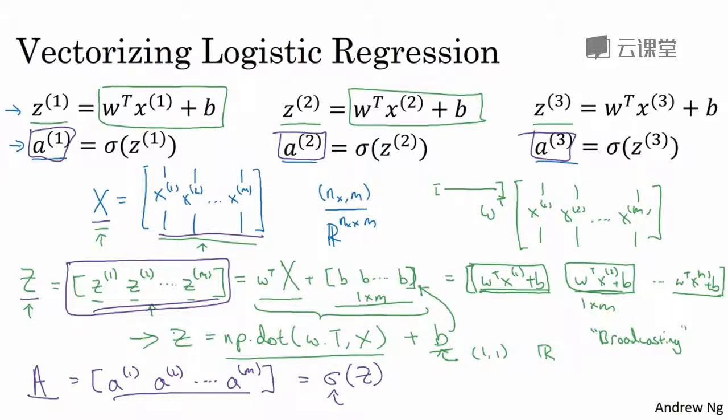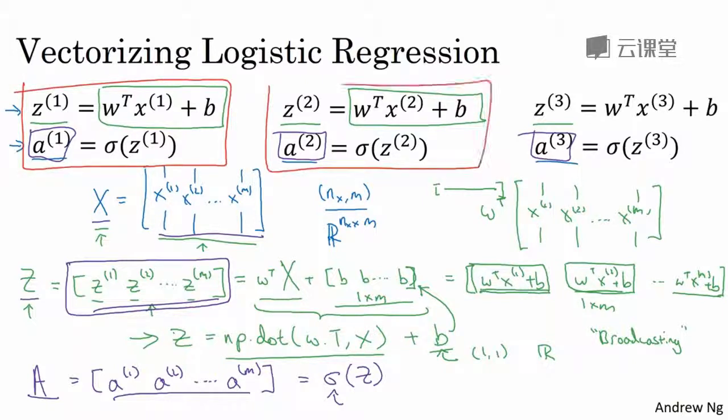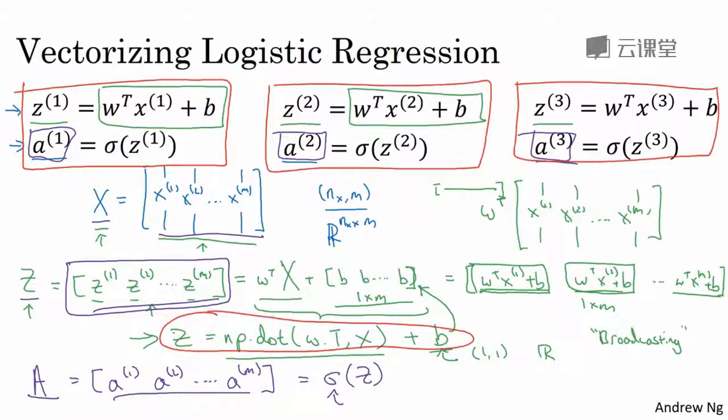So just to recap, what we've seen on this slide is that instead of needing to loop over m training examples to compute lowercase z and lowercase a one at a time, you can implement one line of code to compute all the z's at the same time, and then one line of code with appropriate implementation of the sigmoid to compute all the lowercase a's at the same time.